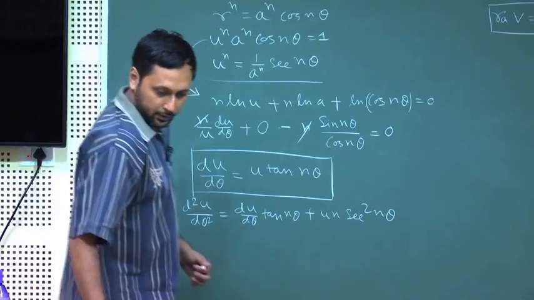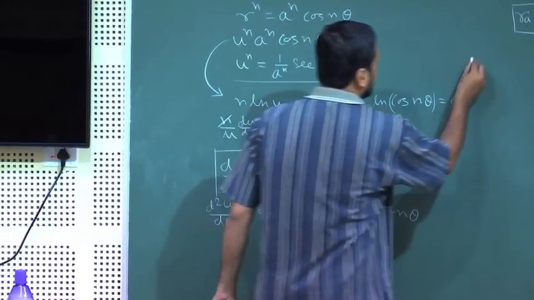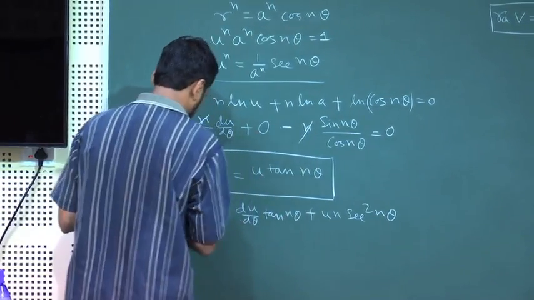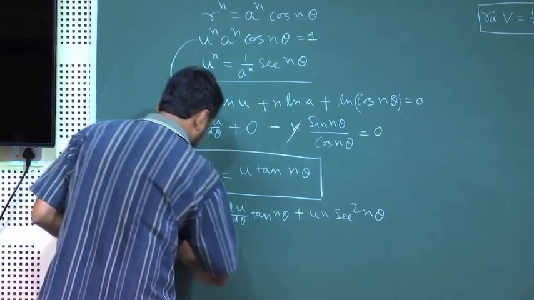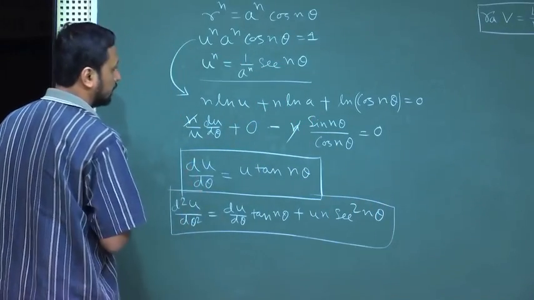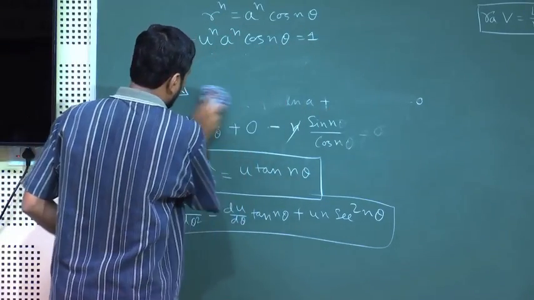Now, if we substitute this whole thing back into the equation, we just need these two expressions, du d theta and d2u d theta 2, and of course, we need to use this form once again.